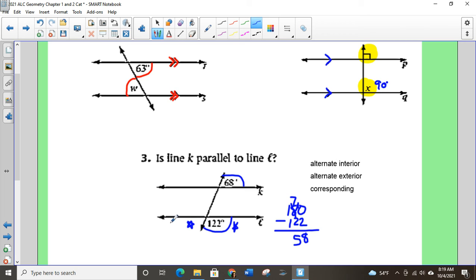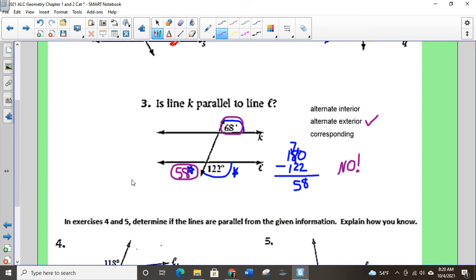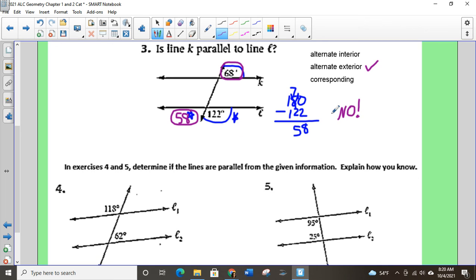So it turns out that this is 58 degrees. Now, if you compare this 58 degree angle with this 68 degree angle, what are those called? Are they alternate interior, alternate exterior, or corresponding? The correct answer is they're alternate exterior. And since this one's 58 and that one's 68, are these lines parallel? No, they would have had to match. So that's the magic of using the math we've been doing to prove or disprove it.